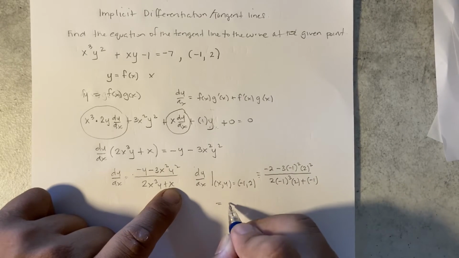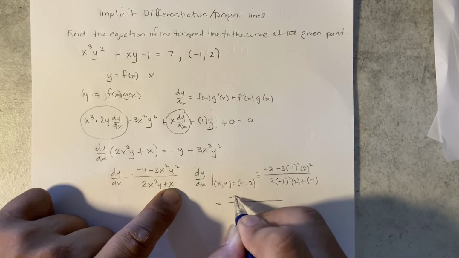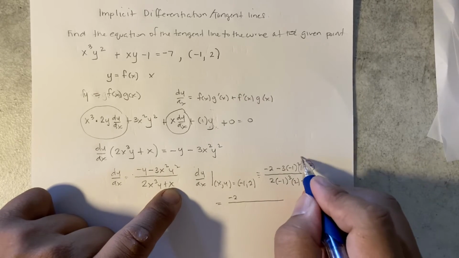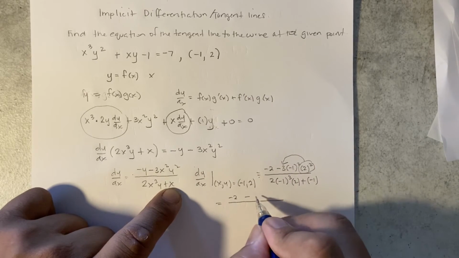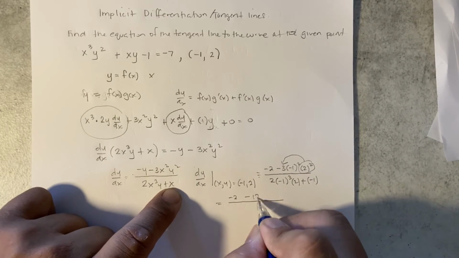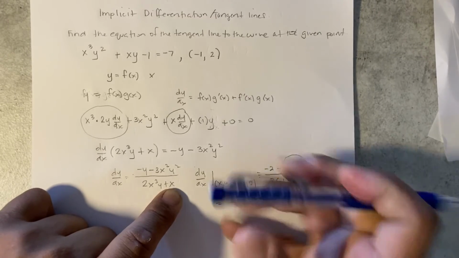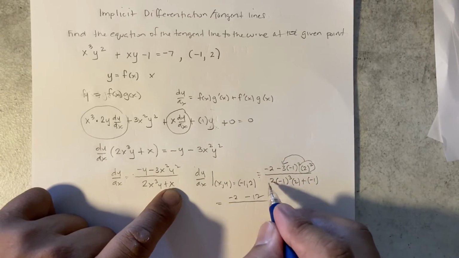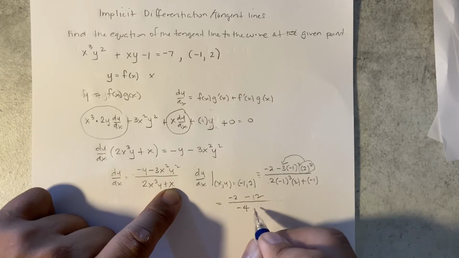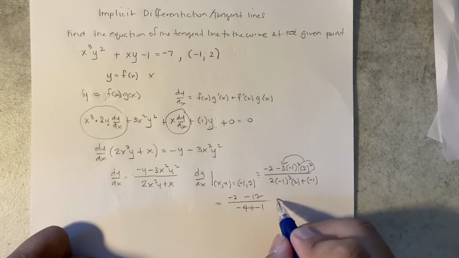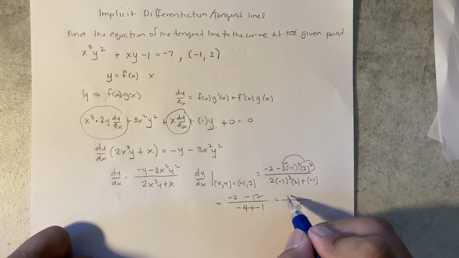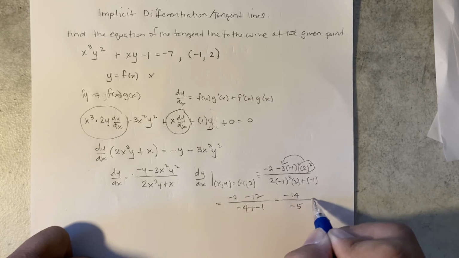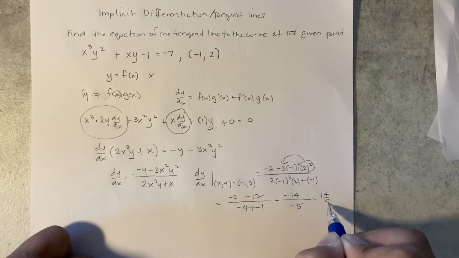And then I'm going to simplify here. Negative 2, this is 4, this is 3, there's a positive here, negative 2, 4 and 3 is 12. Okay, so now this 2 and 2 is negative 4 plus negative 1. So this one you have negative 5 at the bottom, negative 14 at the top, 14 over 5.